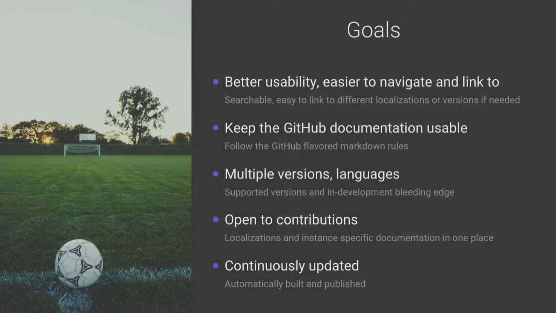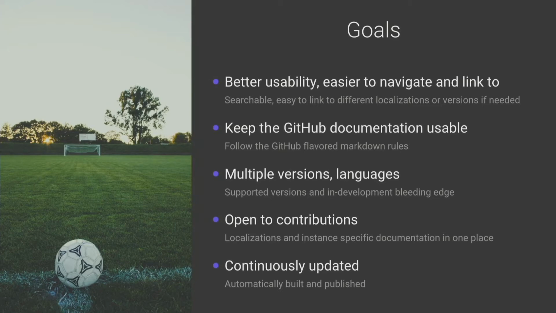So next, let's look at some of the goals that we set out for ourselves. The first would, of course, be better usability. We want the user to be able to search the documentation, to more easily find what they are looking for.